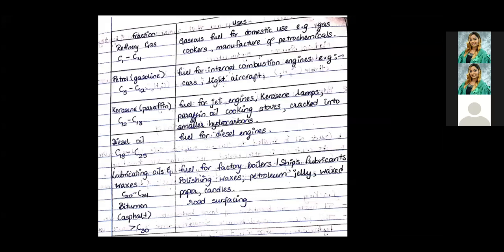We have refinery gas. This is a gas that is used in your household, for domestic use, gas cookers, and it's used for the manufacture of petrochemicals. Gasoline is needed for the internal combustion engine, like your cars, light aircraft, small airplanes.